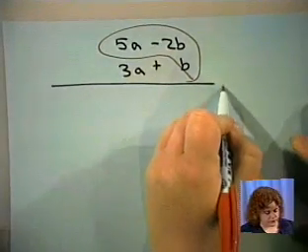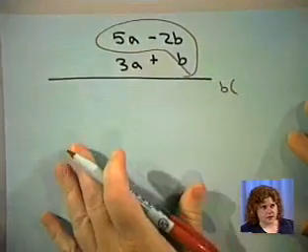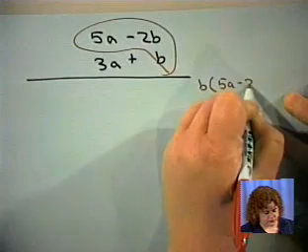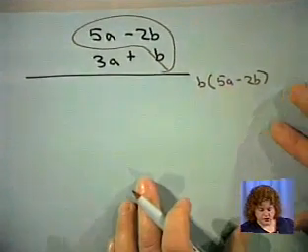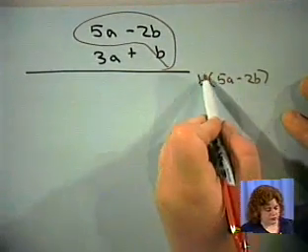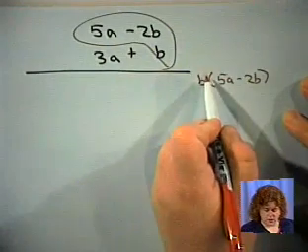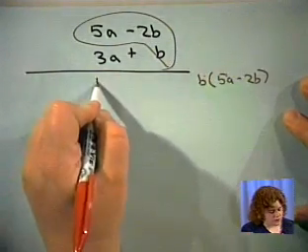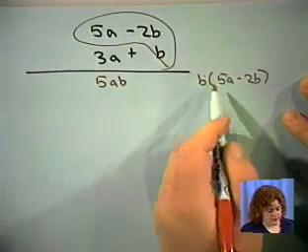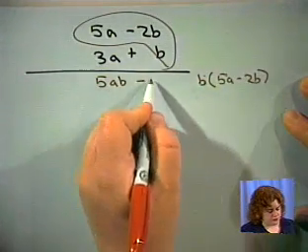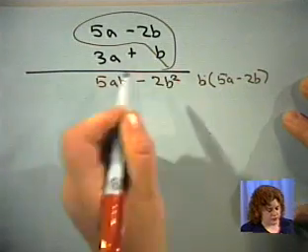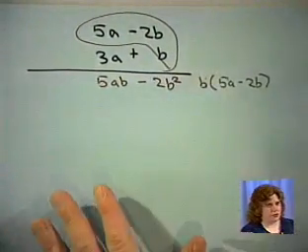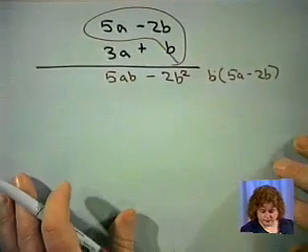So what we're going to do is b times 5a minus 2b. And let's just work that out and write it over here. We'll have a b times 5a, which gets us a 5ab, and a minus 2b squared. Notice we would have here a b times a b, and we end up with the b squared there. It's a nice little organizational trick.